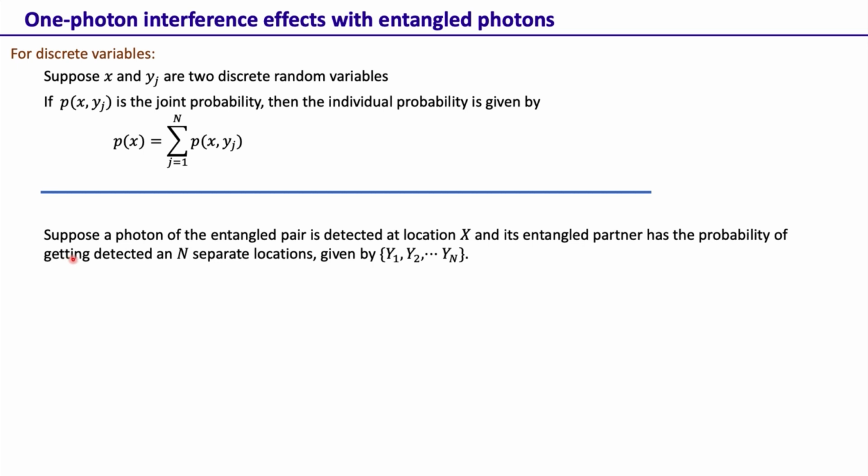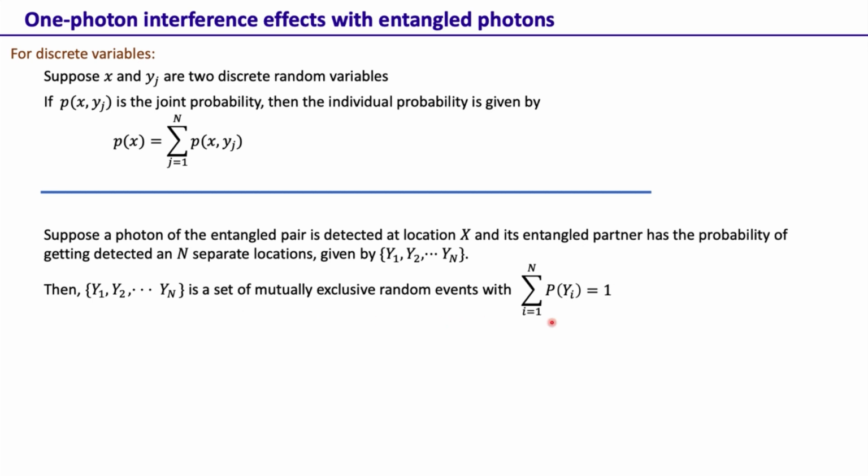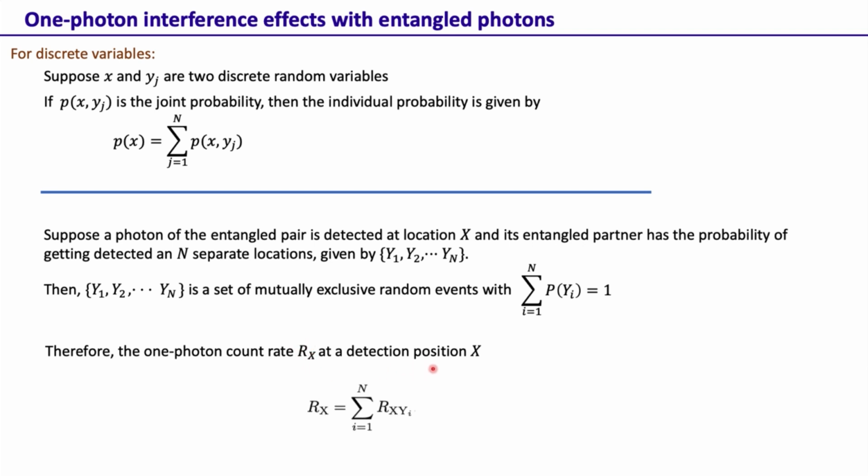Similarly, suppose a photon of the entangled pair is detected at one location, the first one, and its entangled partner has a probability of getting detected at n separate locations given by y1 to yn. These are different locations, so y1 to yn is a set of mutually exclusive random events, and the second photon has to go to one of these n. In that case, the one photon count rate Rx at detection position x can be written in terms of these coincidence detections.